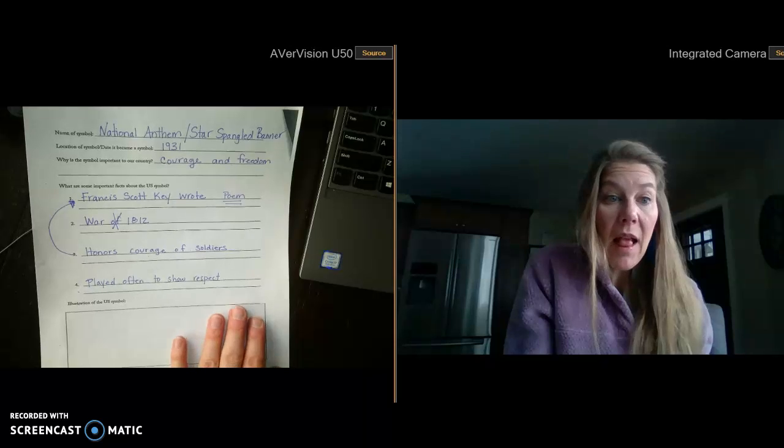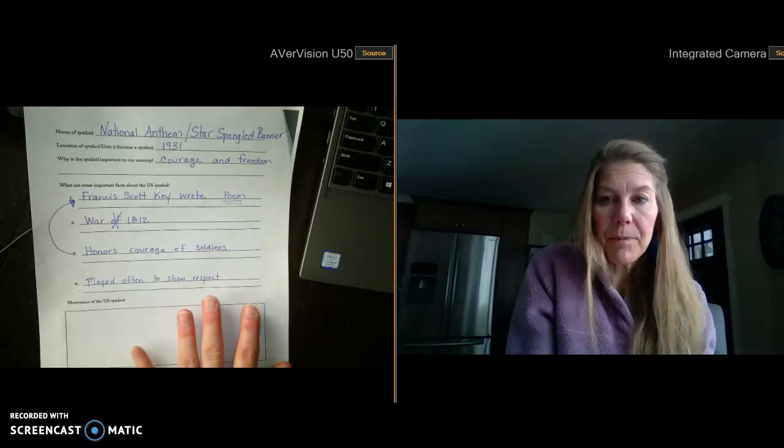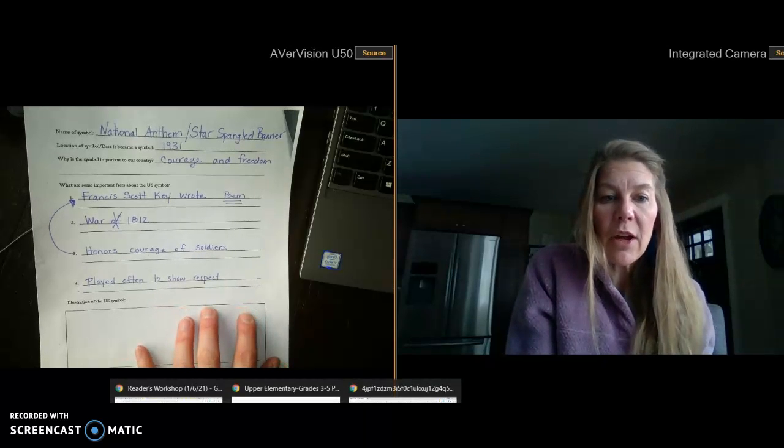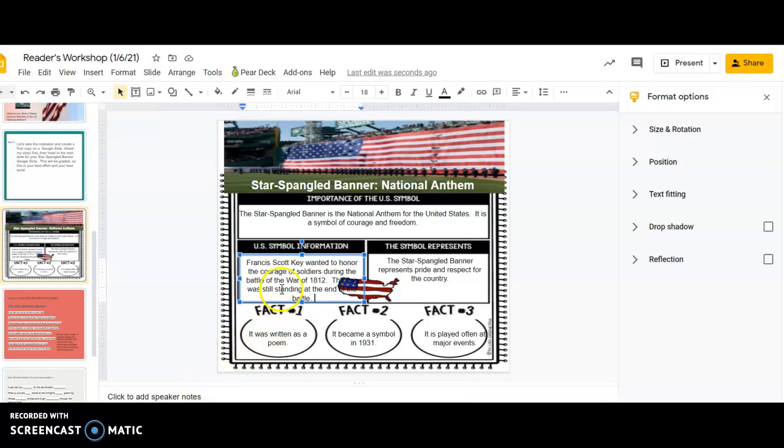I went from this little bit of information, used my own words, and made sentences, because this is where you really want to put all the pieces together to show what you learned about the symbol. So this is what we are expecting you to do, and this part will be graded. All right, good luck everyone.